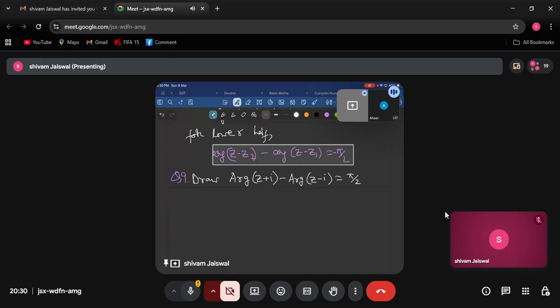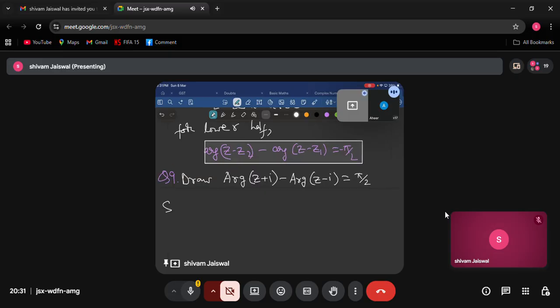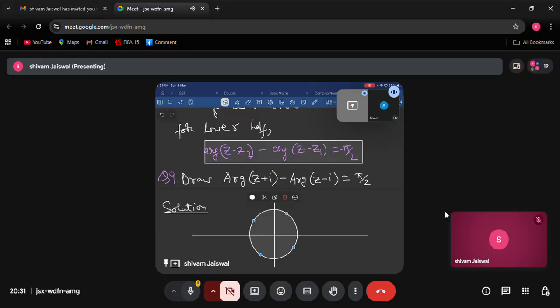So everyone, you people can understand that argument of z plus iota should be an angle which is greater than pi by 2, right? And it represents a semicircle. But you need to understand which part of the semicircle, right? You need to understand the left part or the right part. Okay. So everyone pay attention. So this is the circle with 0, 1 and 0, minus 1 as the diameter.